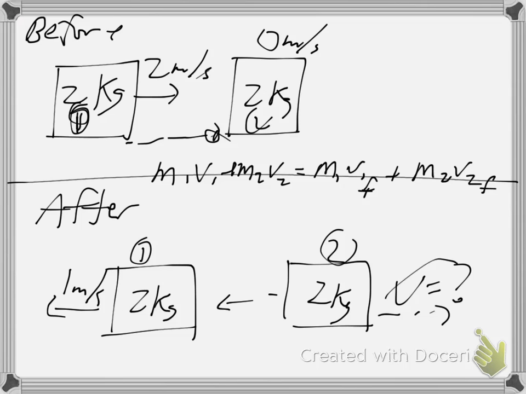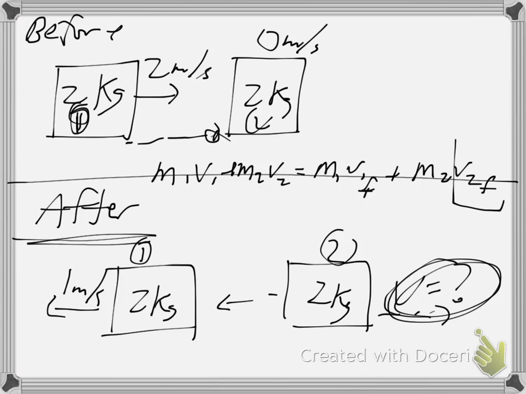If I'm looking for the velocity after the collision, I'm looking for this value right there, which means I have to know all of these other values. And I do happen to know all of those values.